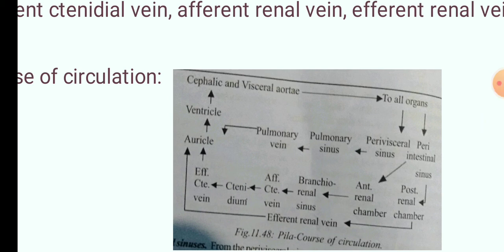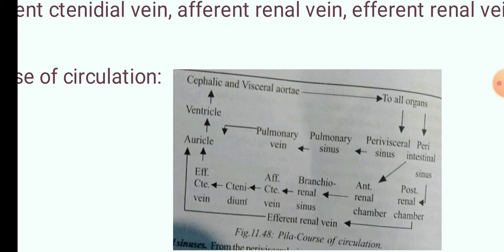Whereas from the peri-intestinal sinus the blood enters the anterior and the posterior renal chamber. From here the removal of the excretory waste takes place inside the renal organ, and the blood flow from the posterior renal chamber enters directly into the auricle through the efferent renal veins.